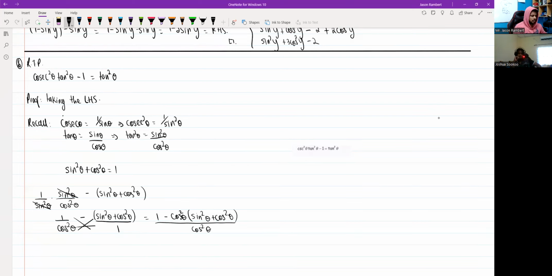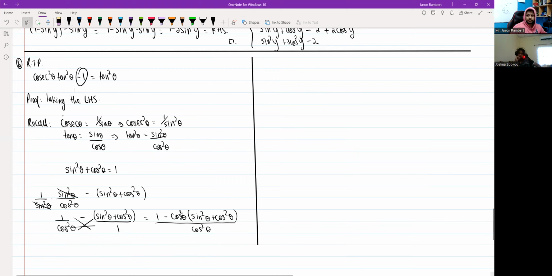So instead, just because you see a substitution to make, doesn't mean you necessarily have to make it. So instead, I'm not going to touch this minus 1.